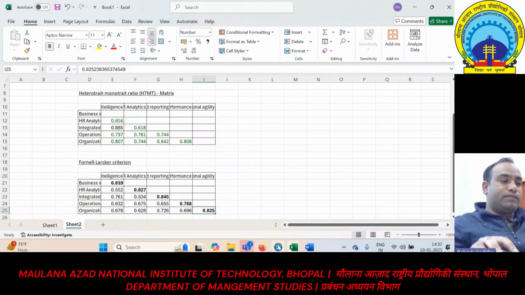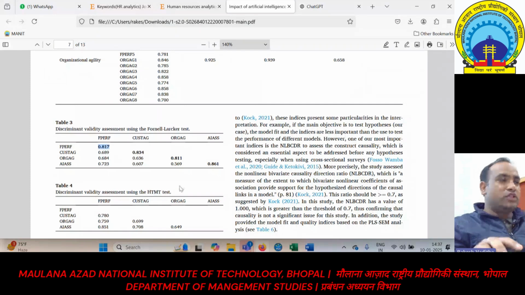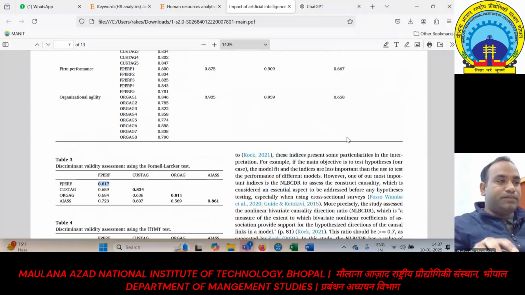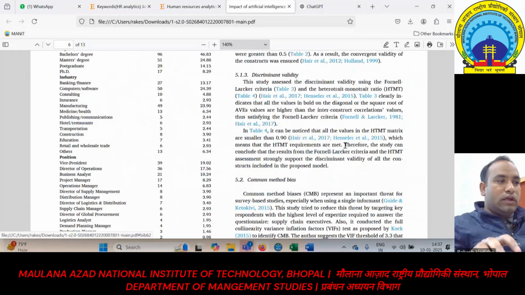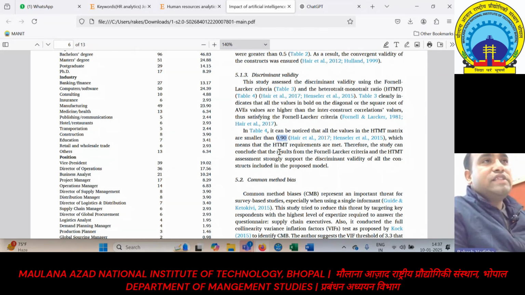In case your study is fulfilling the HTMT also, here in this study the threshold is 0.85. In this study, it is mentioned that 0.9 is also considerable, so the HTMT value should be smaller than 0.90.